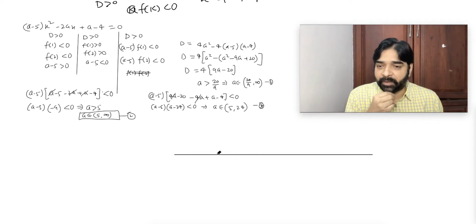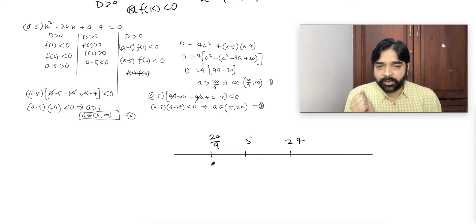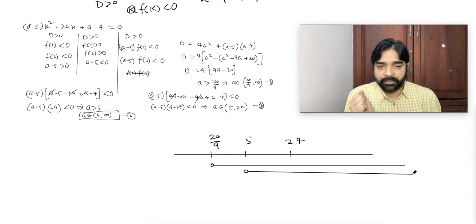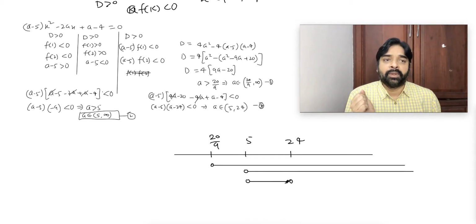Okay, so smallest will be 20 by 9, then 5, then 24. This says 20 by 9 to infinity open. This says 5 to infinity open. And this says 5 to 24 open. So our common value is coming what? 5 to 24. a element of 5 open to 24 open.